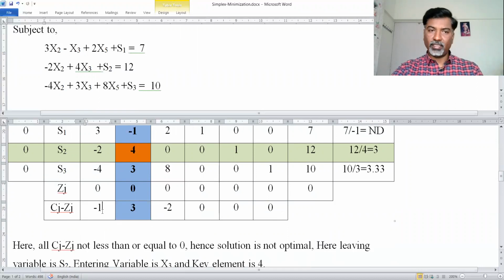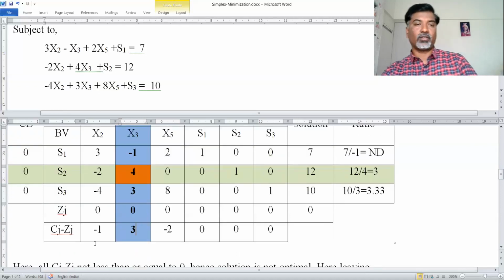But in this case, not all are less than or equal to 0. So we can say the optimality is not reached. Here, not all Cj minus Zj are less than or equal to 0, hence the solution is not optimal.